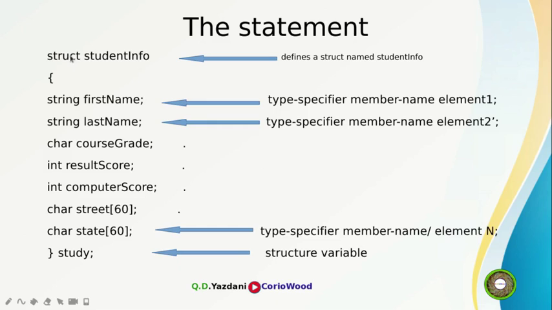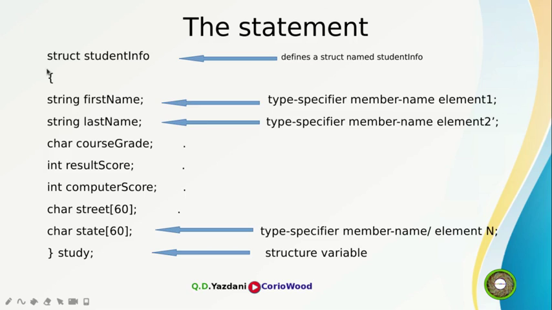You can put the keyword struct, then you can put a name. If you don't want to, you don't need to put the name, but you need to put the semicolon at the end. So here the struct is student info.